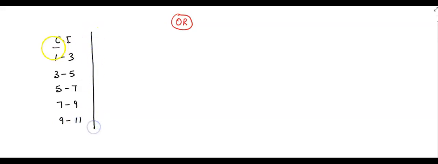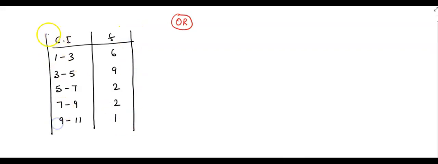First, let me write the class interval. The class intervals given are 1 to 3, 3 to 5, 5 to 7, 7 to 9, 9 to 11. And then frequencies are given: 6, 9, 2, 2, 1.